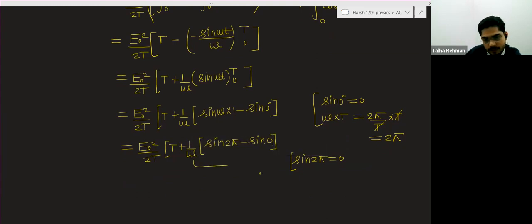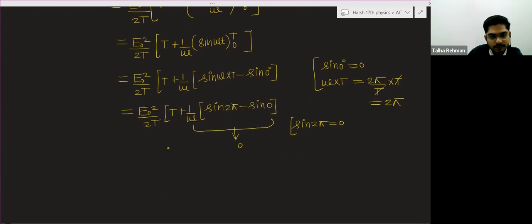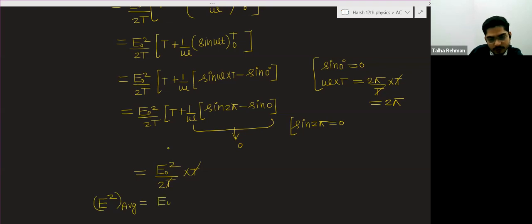What do we have now? We have only E naught square divided by 2T into T. This T cancels with this T. So the average of E square is E naught square by 2.